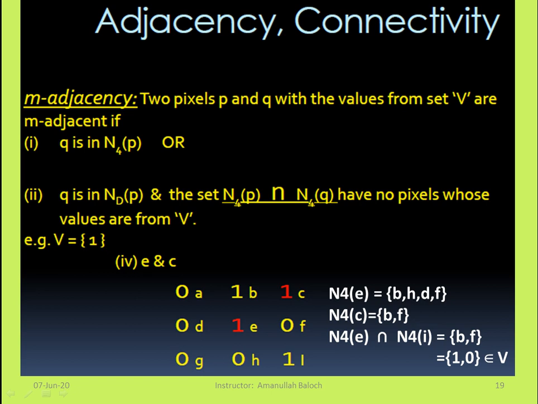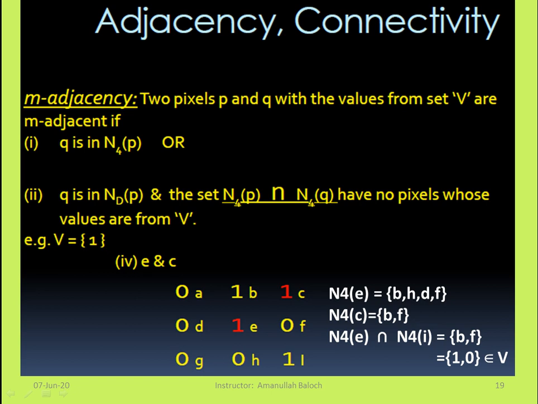What is the intersection? N4 of E contains B and F. N4 of C also contains B and F. The intersection is B and F. N4 of E intersection N4 of C is equal to B comma F. And what is the gray value of these 2 pixels? The gray value of pixel B is 1 and the gray value of pixel F is 0.